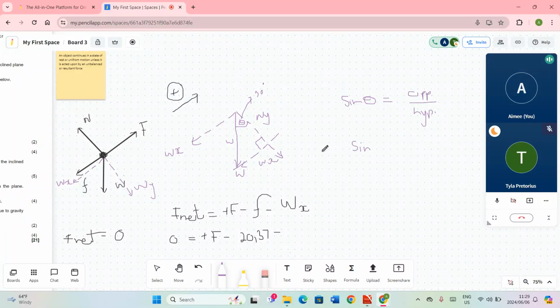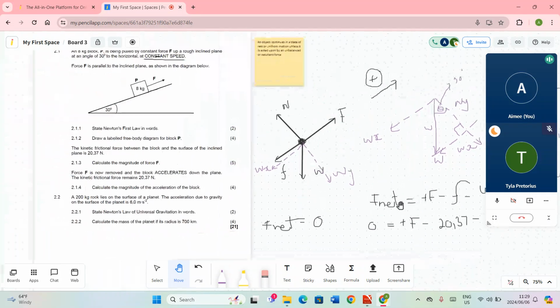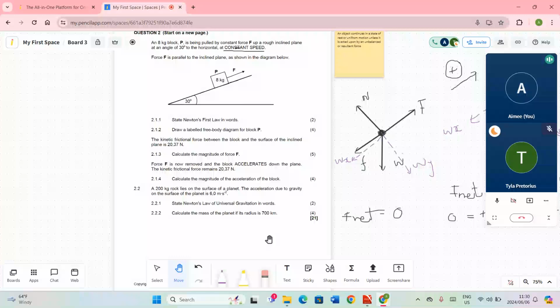So sine 30 degrees, because that's my 30 degrees, is equal to my opposite, which was Wx, over W, which is my hypotenuse. Okay, and now we rearrange. We say Wx is equal to sine 30 times weight, but we can calculate weight because they have given us the mass of the block.